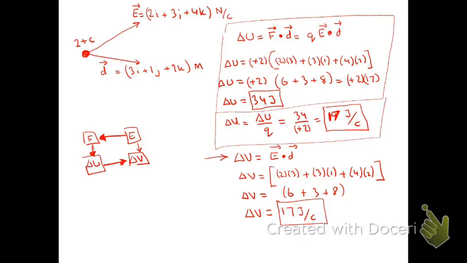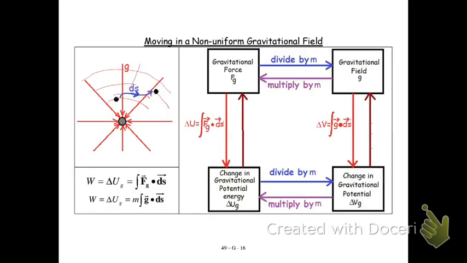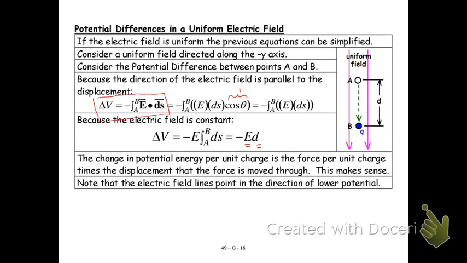Basically I've just proved it from the general case. You don't need to prove it, you just need to know it. Delta V equals minus ED. Delta U equals minus QED. And if it's varying, you do the integration with respect to the distance.